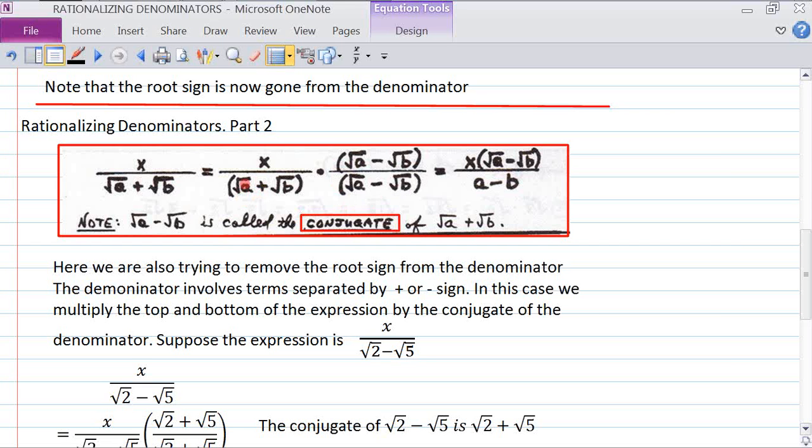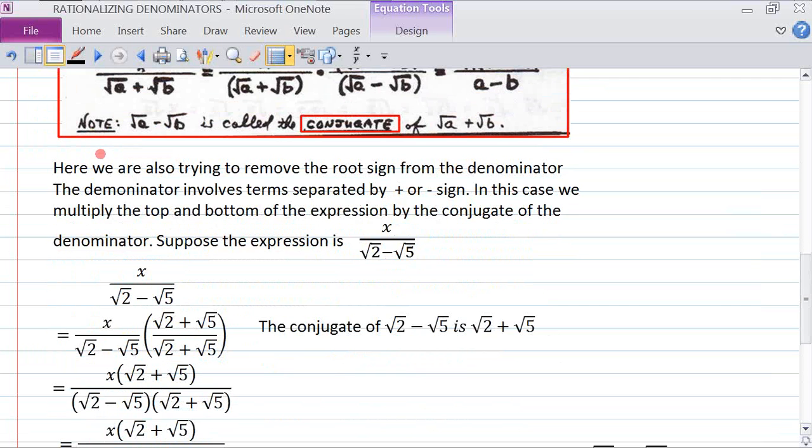So we only really have the first term times the first term, which gives me that. The last term times the last term, including the sign, of course, which gives me that. And x times this in the brackets, root a minus root b, is this over here. Notice that I've gotten rid of the root sign, which was right over here in the denominator. Yes, it appears in the numerator, but that's okay.